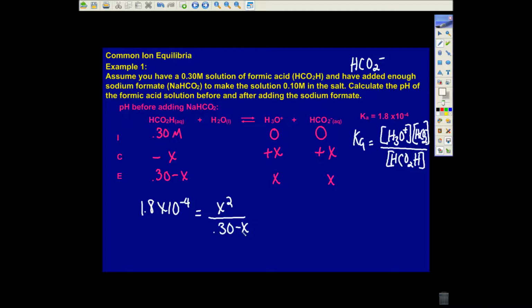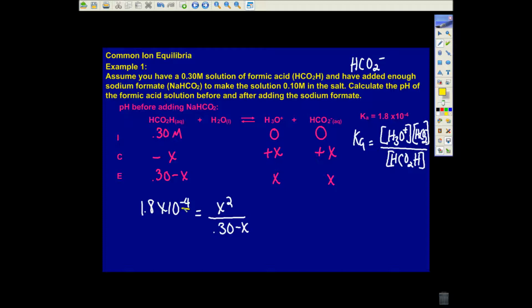Now, the beautiful thing about this is 0.30 is quite a large value in comparison to 1.8 times 10 to the negative 4. This negative 4 here, that factor is very, very small. So if I'm going to solve for X using a quadratic, I'm going to find out that that X value is going to be so small it will round off.